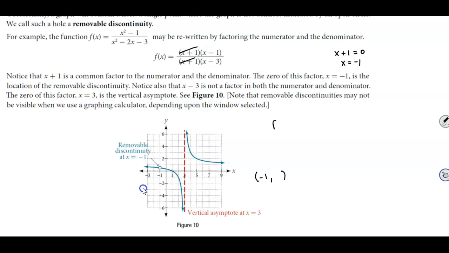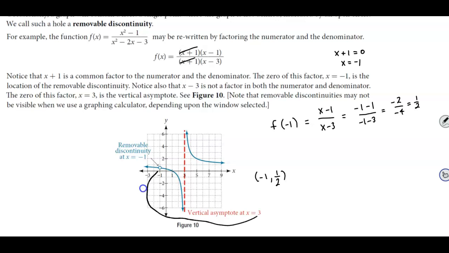And if we plug in negative 1 into the remaining function of x minus 1 over x minus 3, we would have negative 1 minus 1 over negative 1 minus 3, which is negative 2 over negative 4, which is a positive 1/2. So the output is going to be positive 1/2. And if we look at that on the graph, that's where this point is located.